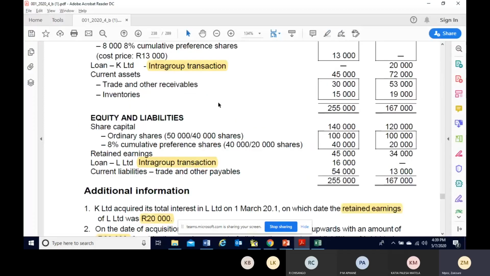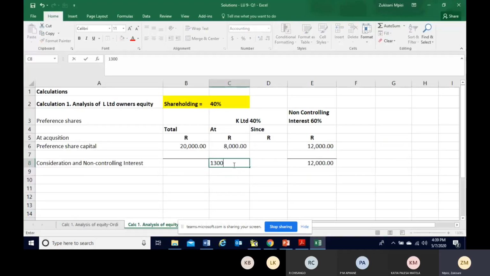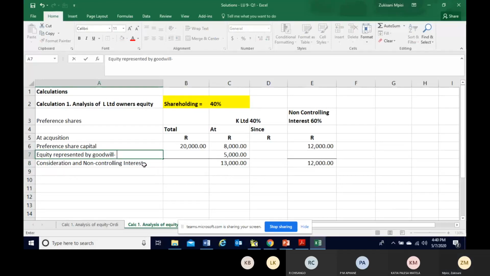At acquisition, let us look at how much we acquire this cumulative preference shares for. 8,000, we bought them for 13,000. So the difference between 13,000 and 8,000 is 5,000, which is again equity, represented by goodwill of the current, which is 5,000, right?